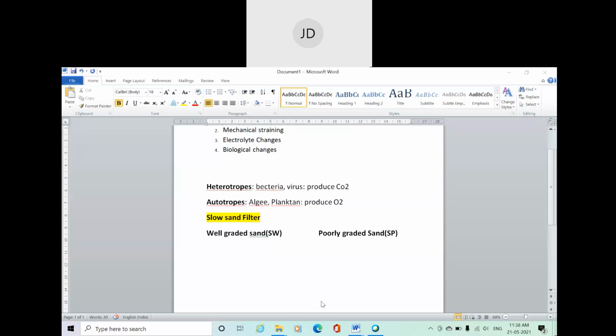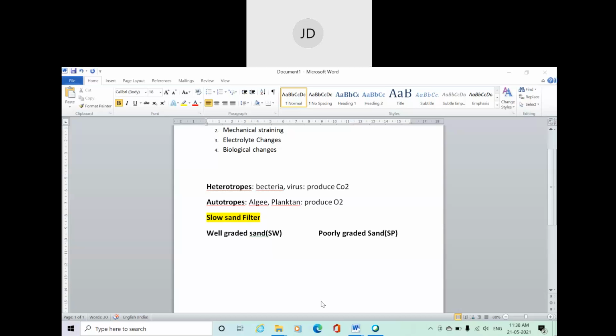In case of the slow sand filter, the filtration rate is very slow because you are using a very fine sand which has very few voids. So you can say the rate of filtration in case of the slow sand filter is very slow. The word slow is added here.